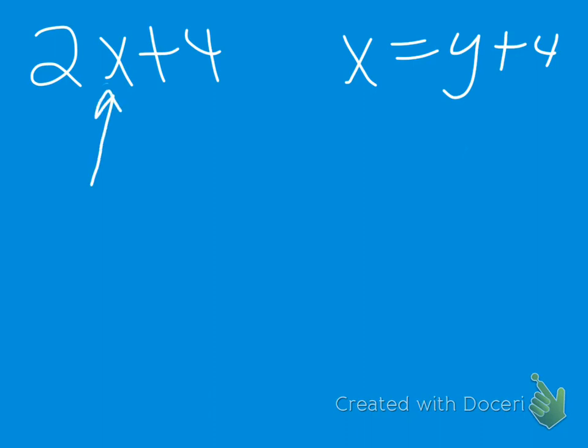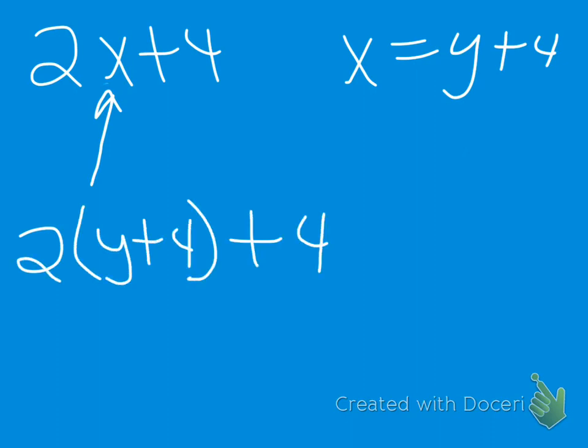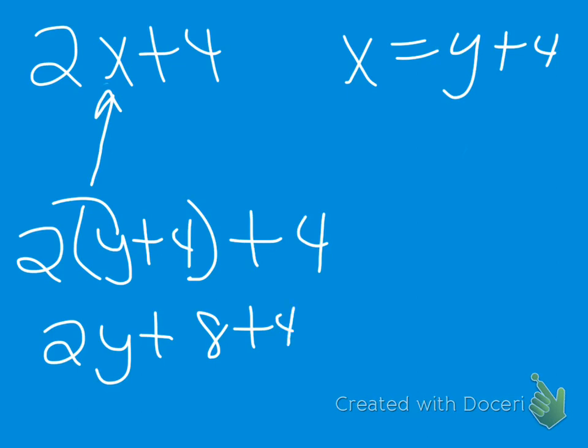We could put the y plus 4 in there. 2 times y plus 4, plus the 4. So then it'd be 2y. We distribute then, plus 8, plus 4. And we'd bring this together. So 12 plus 2y. And that's as far as we could go. All right. So that's the substitution part.